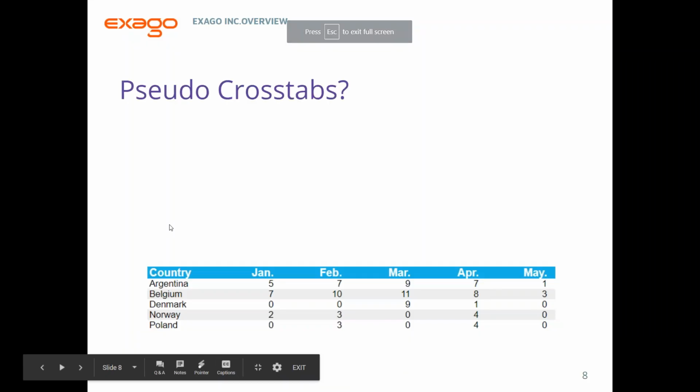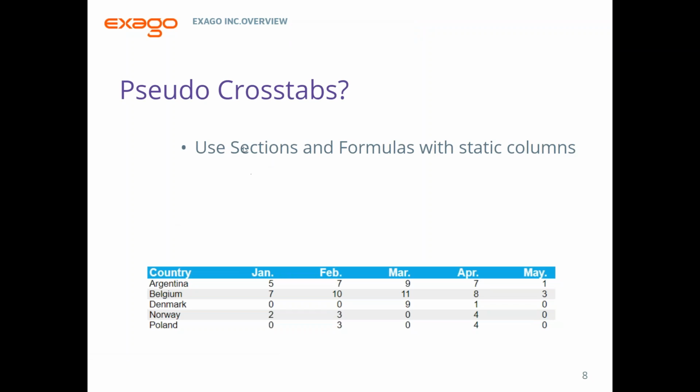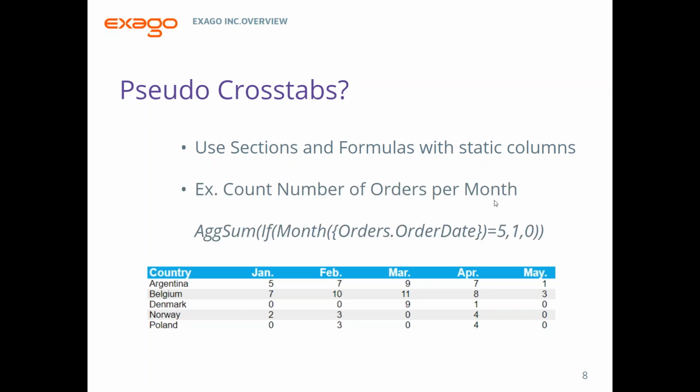A pseudo crosstab is going to use sections, so we're going to use group footers and aggregate formulas, but we're going to do this with static columns. An example of this is we want to count the number of orders per month, but we want to guarantee that all those months are there whether or not sales are made, and maybe we have some other additional logic.